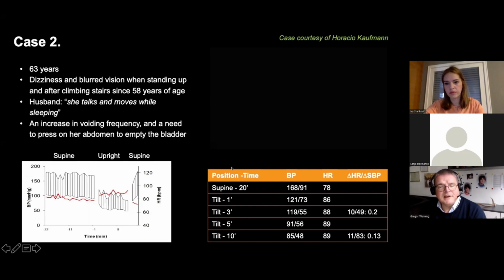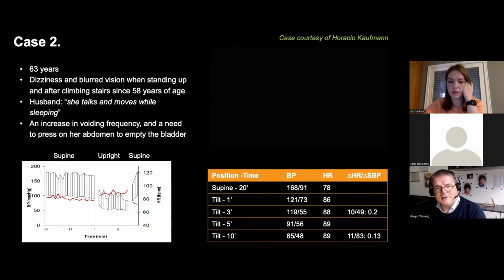So this is a patient here, 63 years, starting with dizziness and blurred vision when standing up and after climbing stairs since 58 years of age, so 5 years before.